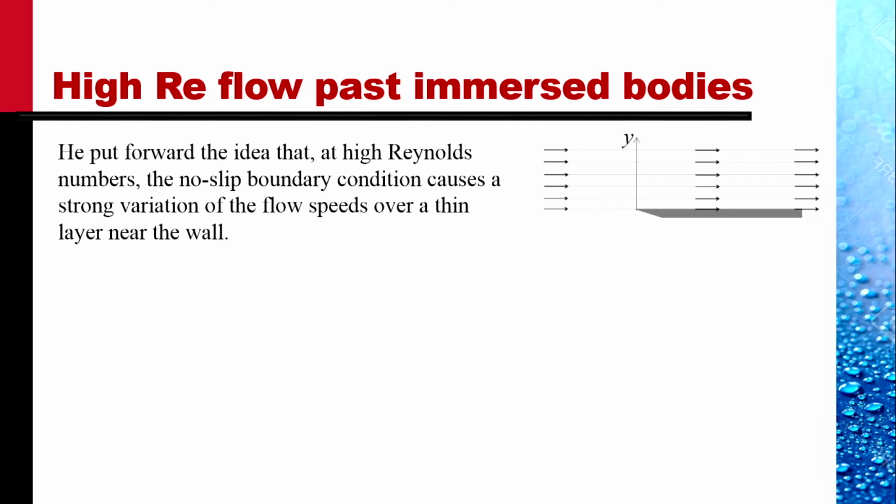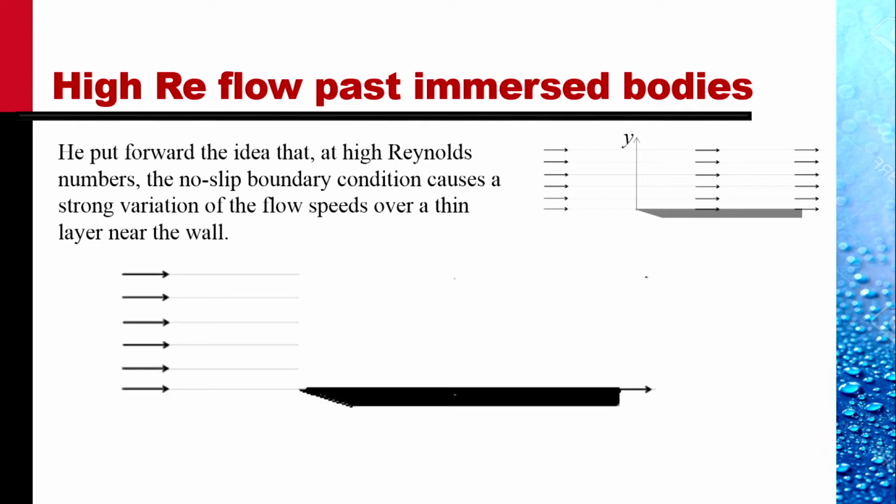He put forward the idea that at high Reynolds numbers, the no-slip boundary condition causes a strong variation of the flow speeds over a thin layer near the plate. So, in the actual flow, the no-slip boundary condition of the plate is satisfied, but there is a sharp variation of the velocity in a very thin layer near the plate.